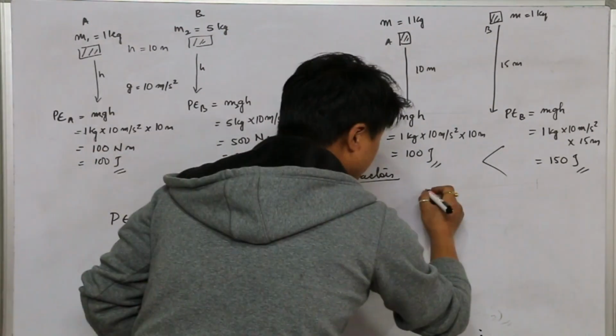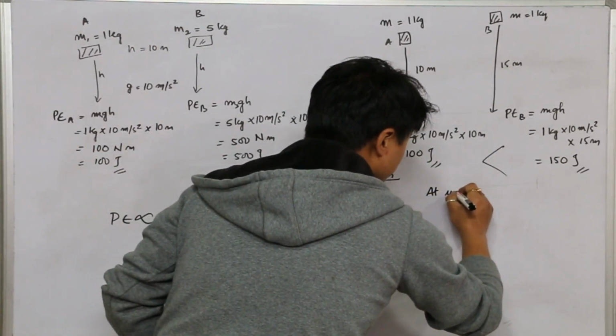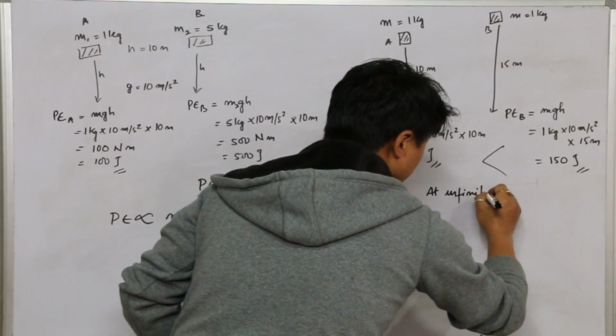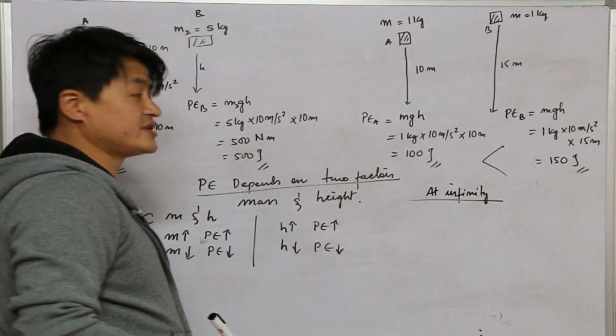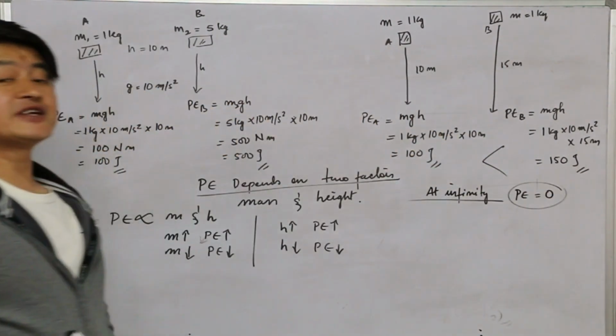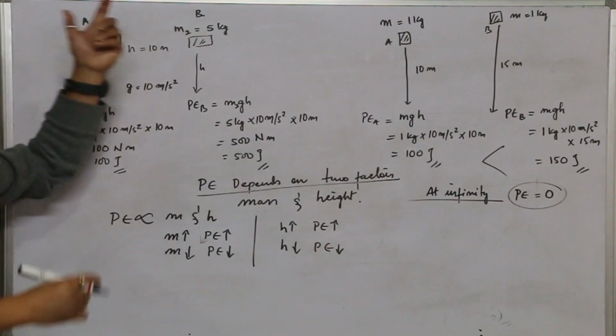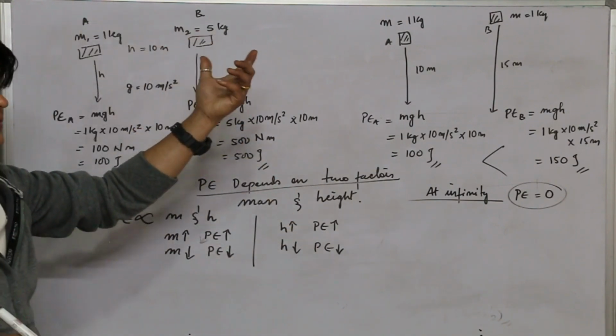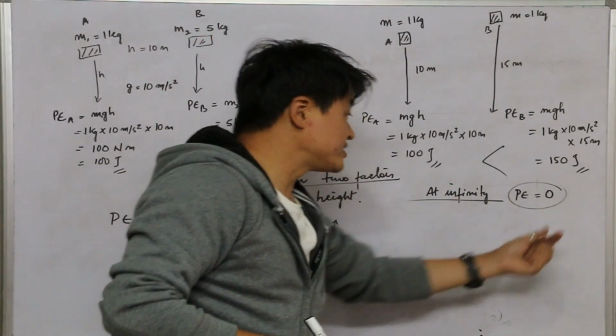Also we know that at infinity, if the height of the object is infinity, the potential energy is zero, because gravitational potential energy will be zero there. Gravitation will be zero, so if there is zero gravity, potential energy is zero.